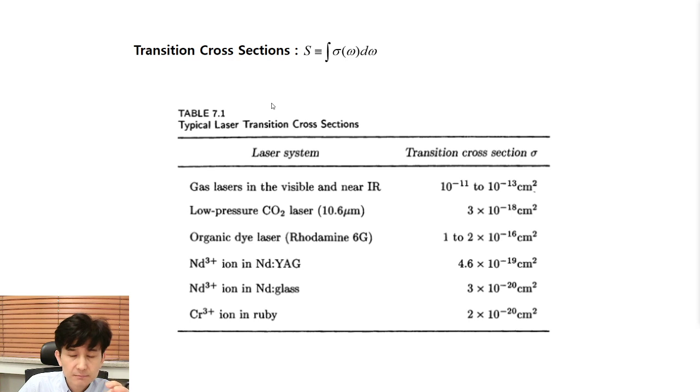For a certain spectral width, we integrate all the sigma, and that becomes the transition cross section S. Right.